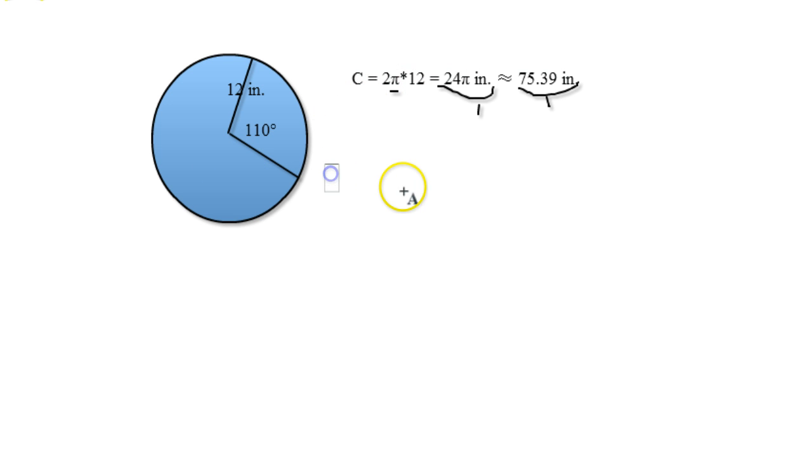Now if I needed to find the arc length of the same circle, what I would do is take the percentage of the actual angle in the middle, in the exact formula. Let me get it for you real fast.